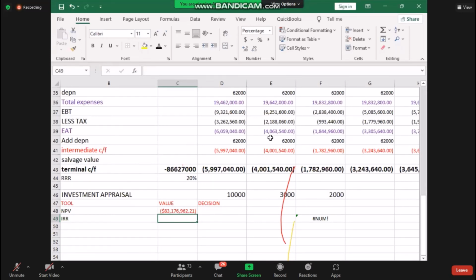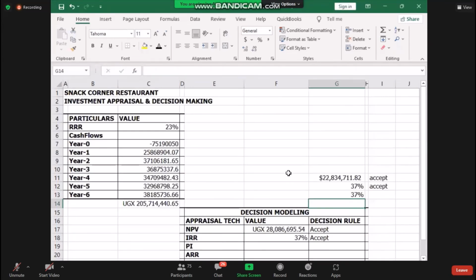New share. Investment. Okay, there is this example. Are you seeing this screen? Now we have these values here. These are the cash flows that we have.